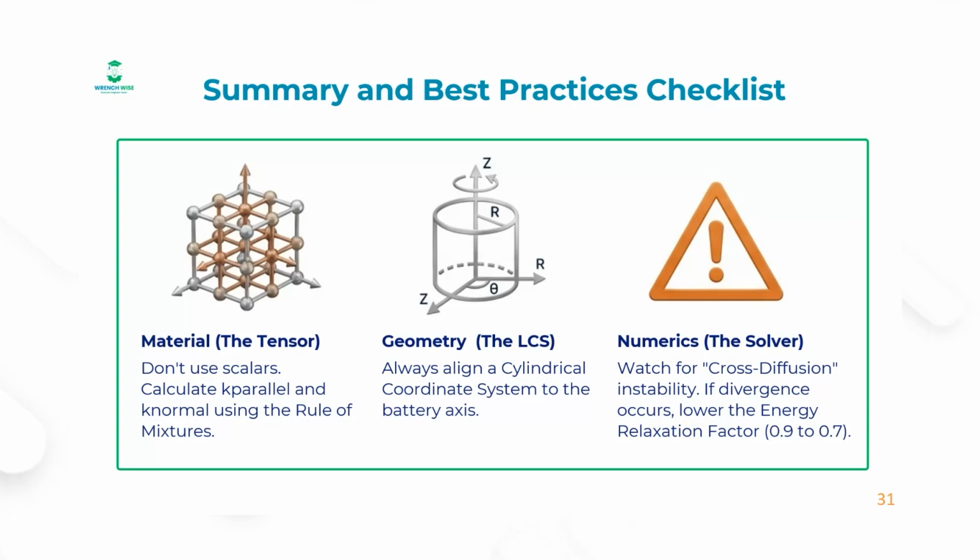So if you notice numerical oscillations, the first thing you want to do is lower your energy relaxation factor. If you started with 0.9, maybe reduce it to 0.7. This will give the solver the necessary stability to reach a convergent solution.